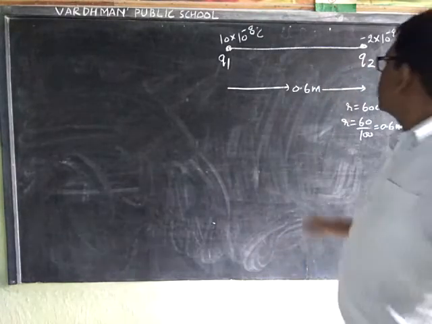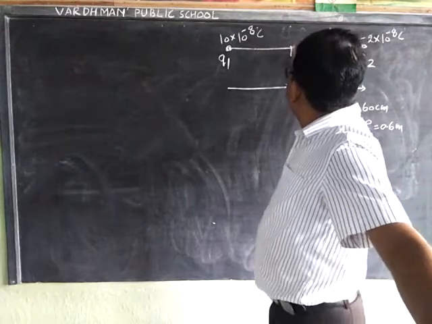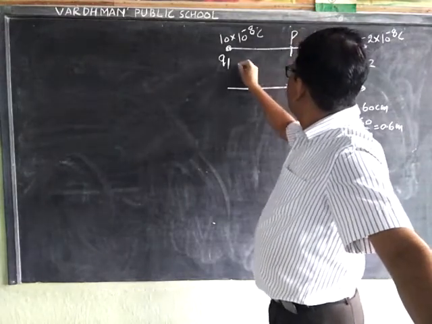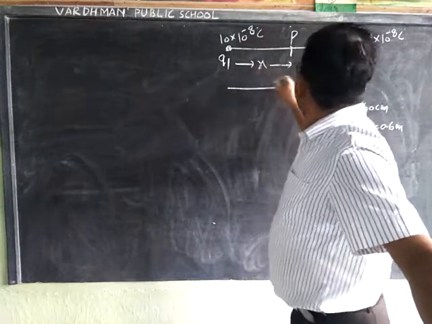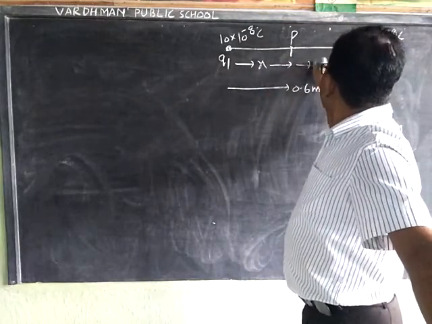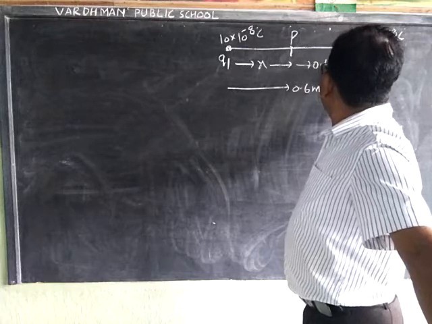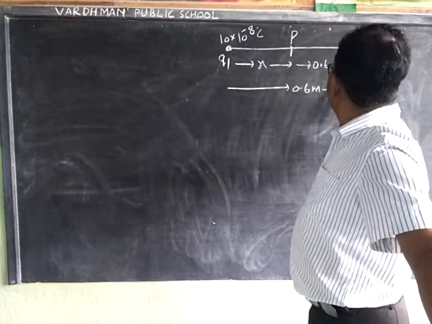Let electric potential at point P be 0, which is at a distance x from the charge Q1, then this distance becomes 0.6 minus x.